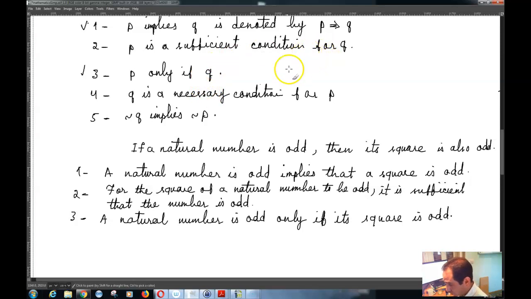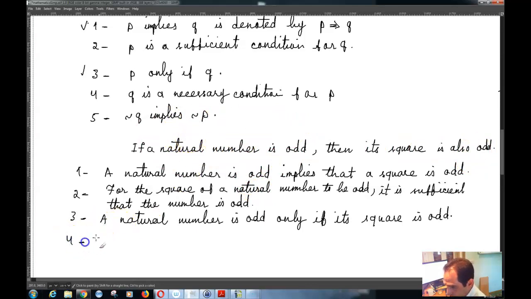In this context, what it means is that for the square of a natural number to be odd, it is sufficient that the number is odd. Okay?